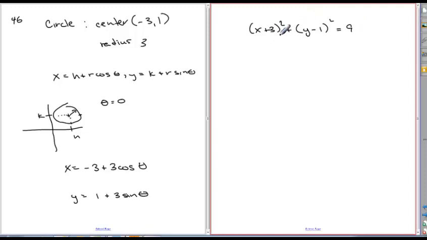That's the way a circle is in xy coordinates. So this is the radius squared. Anyway, we'll come back to that.